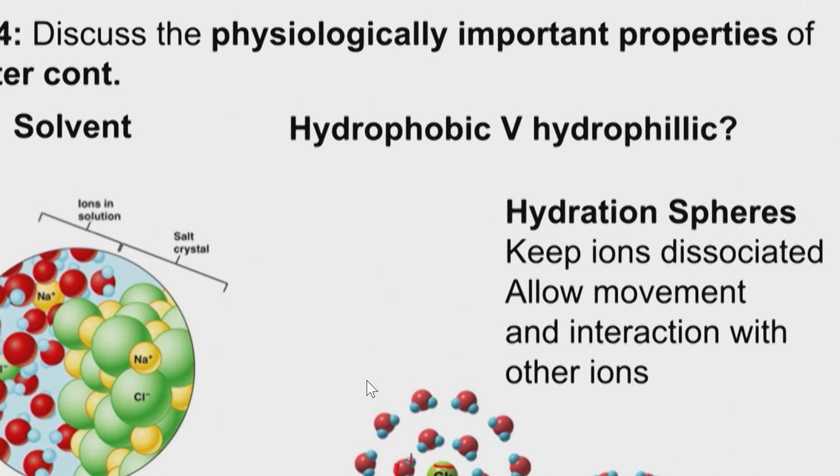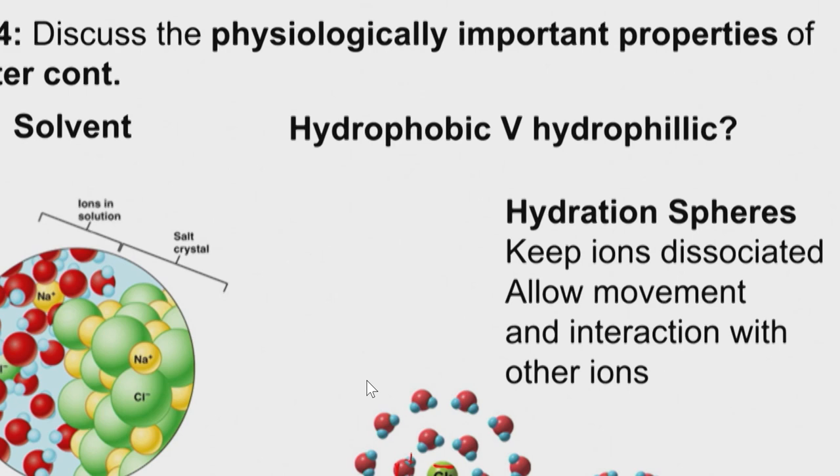With the sodium, the negative side of the water, the oxygen side, will be turned towards the sodium, and the positively charged hydrogen heads are going to be oriented away. So these have opposite orientations, okay?